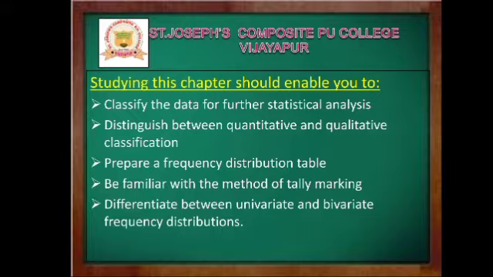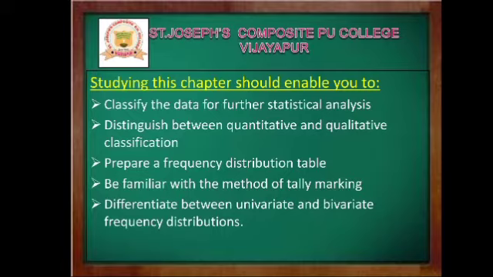After studying this chapter, you should be able to do the following things. First, you can classify the data for further statistical analysis. You will distinguish between quantitative and qualitative classification.